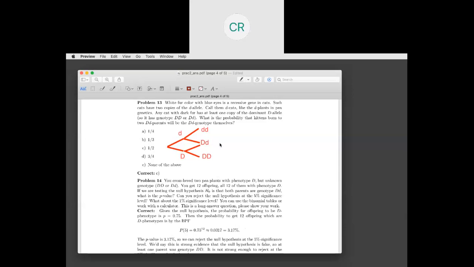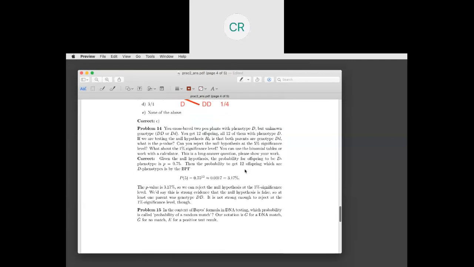So I'll actually put those probabilities there. So the two lower possibilities there together would have a probability of 3/4, but that's a different question.